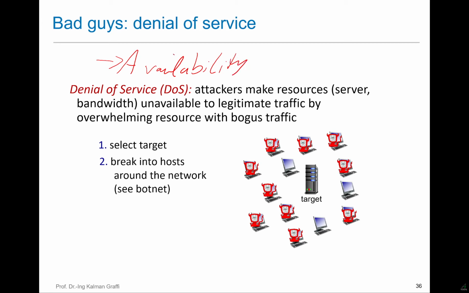What the attackers can do is to first identify a target, and if they have a large group of hosts under their control, such as a botnet, that's typically caused by malware. So malware spreads through machines, and every machine that has been infected is now part of the botnet. And now let's say an attacker has 10,000, 100,000 machines under its control, and then it can simply ask those machines to send messages to the target.